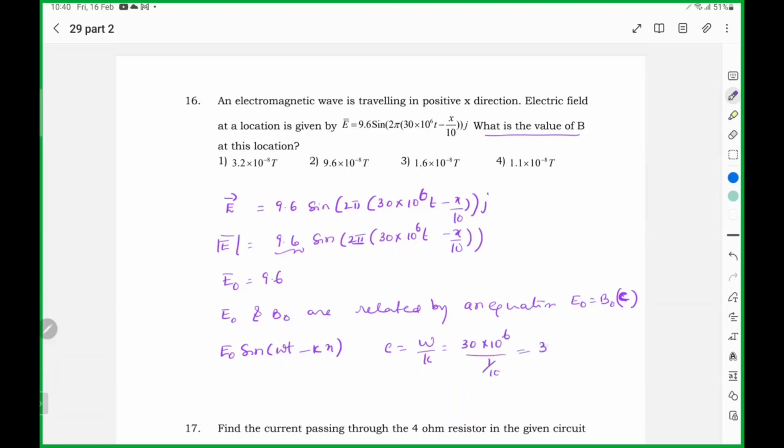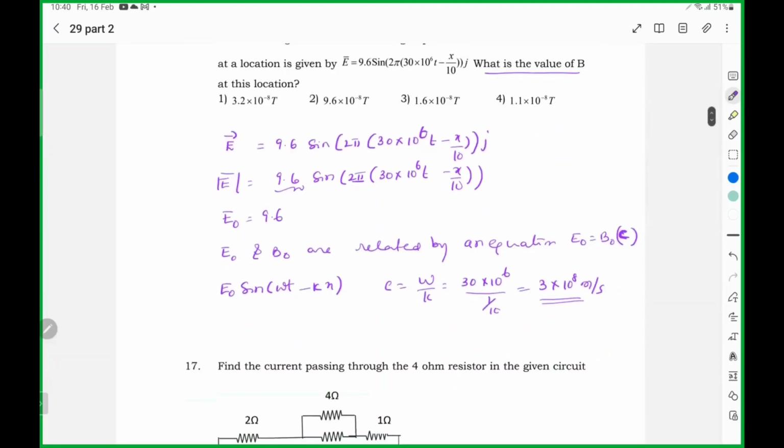So this is 3 into 10 power 8, the velocity of light only. B naught will be 3.2 into 10 power minus 8 Tesla.